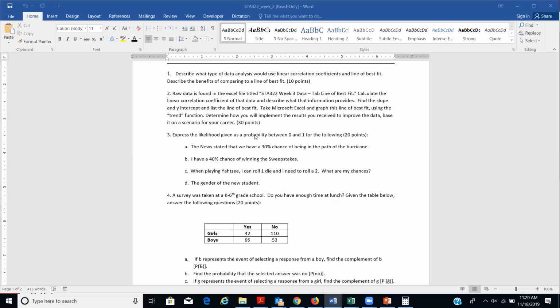Okay, if someone says, well, there's a 1 in 5 chance that I'll find a quarter on my way into school today, because based on experience 1 in every 5 times he finds a quarter. It's kind of a silly example, but that means there is a 1/5 or 0.2 or 20% chance.